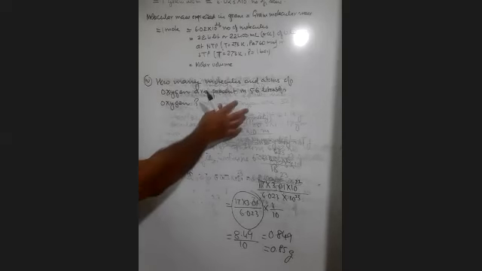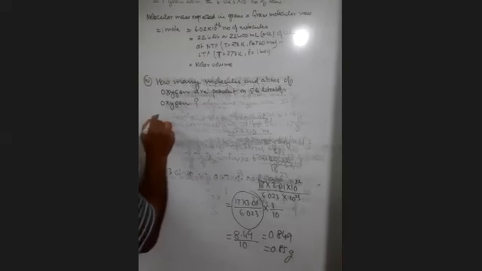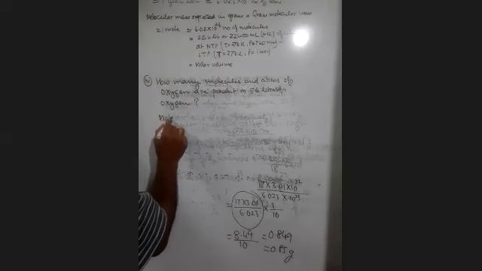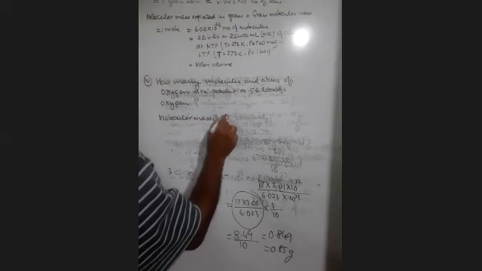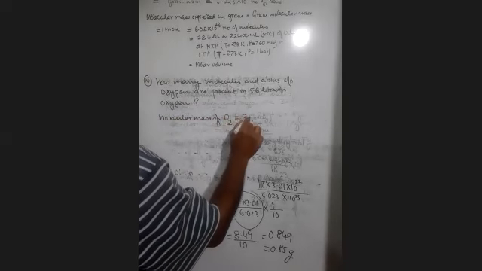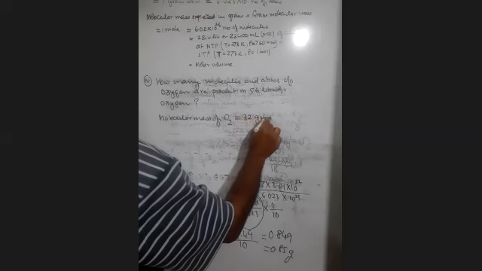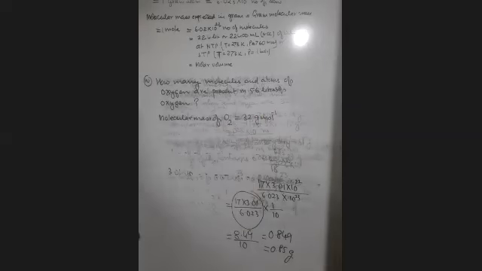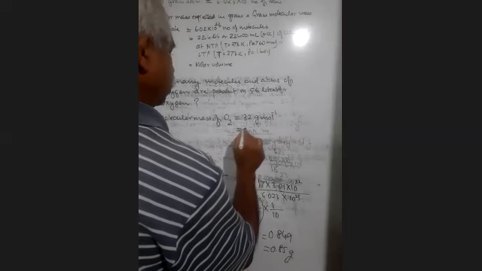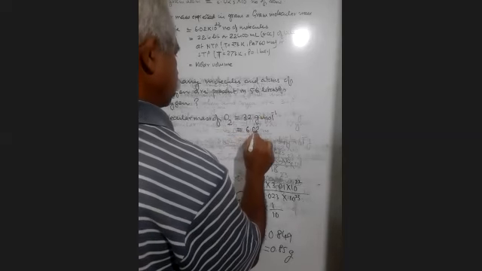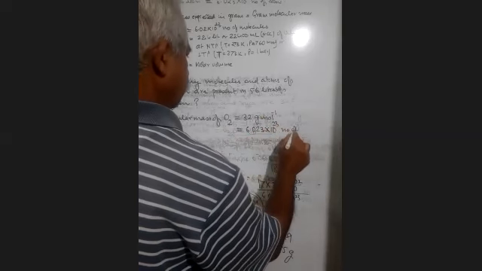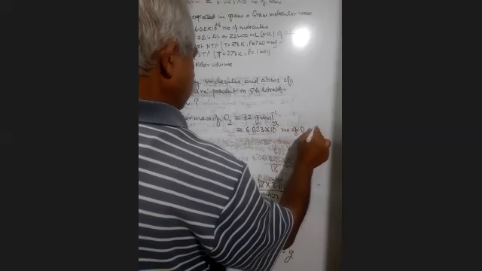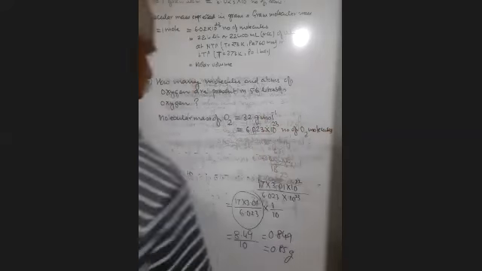See here. So I'll write here now. Molecular mass of oxygen, we know 32 gram, contains how many? 6.023 into 10 to the power 23 number of O2 molecules.